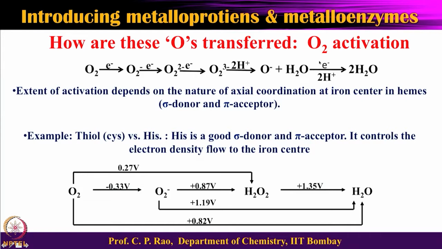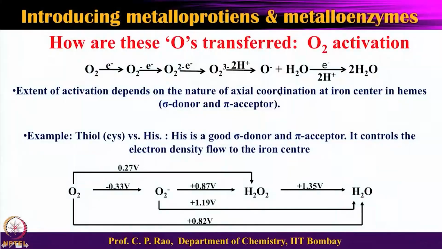So, O2 with 1 electron becomes O2 minus dot, 1 more electron becomes O2 2 minus, 1 more electron becomes O2 3 minus, which will not be very stable, and that will break down to O minus and O2 minus, and O2 minus will combine with 2 H plus and become H2O, and 1 more electron will make the O minus become O2 minus, which takes up the 2 protons to give water. So, as you can see, in the reduction of the O2 or activation of the O2, protons are also concomitantly associated with it.